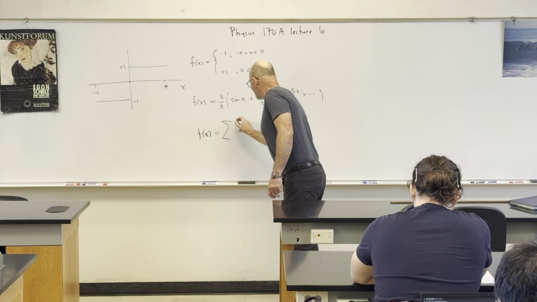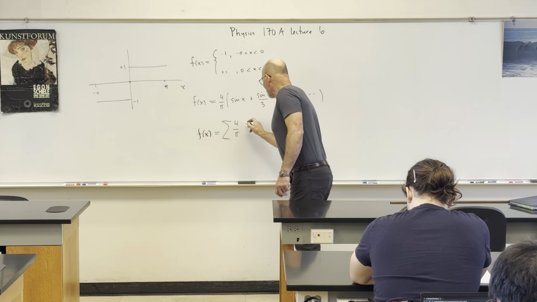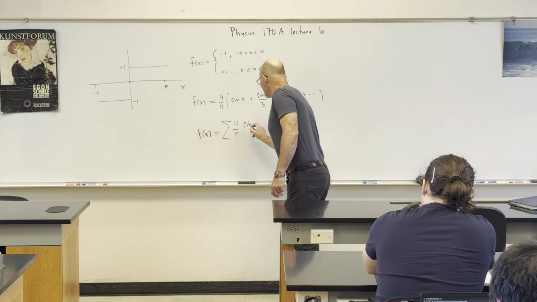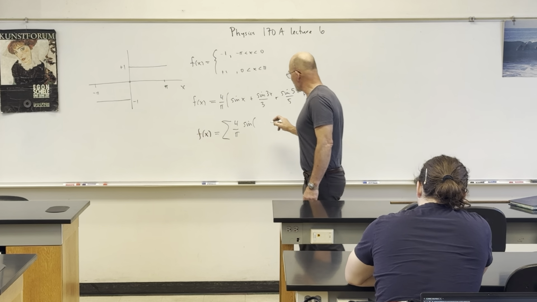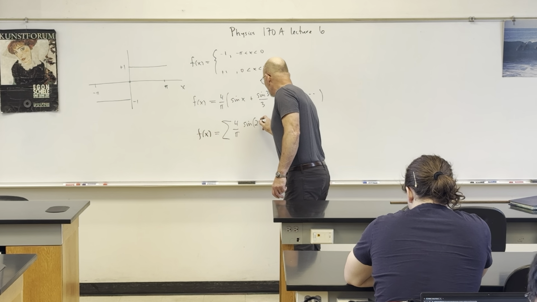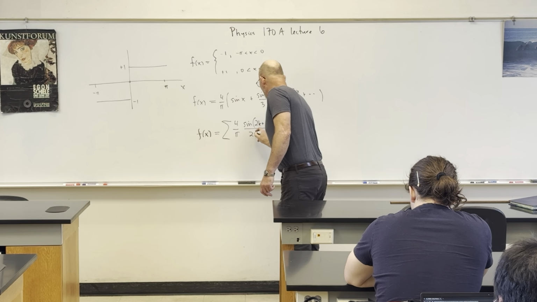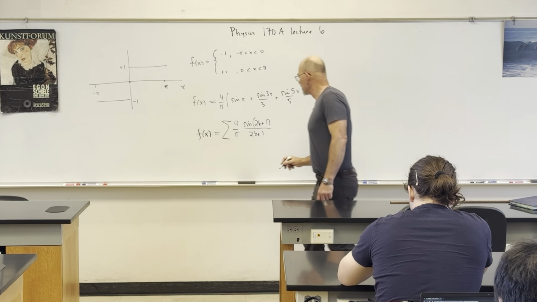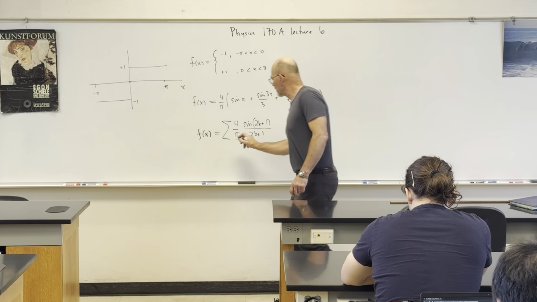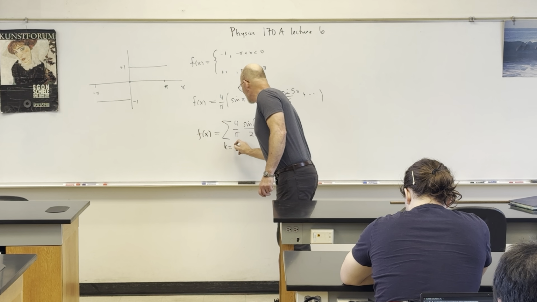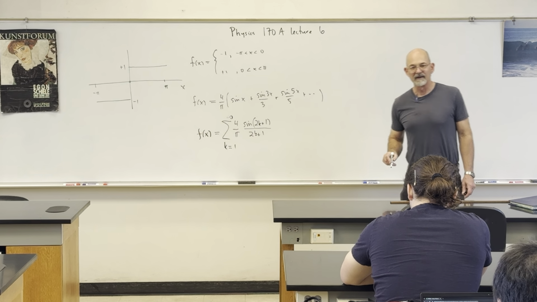So we would have a 4 over pi, and we would have sine of, we just have the odd powers, so we could have 2k plus 1 divided by 2k plus 1. And in that case, we can go k equals 1 to infinity. That probably does the trick right there.